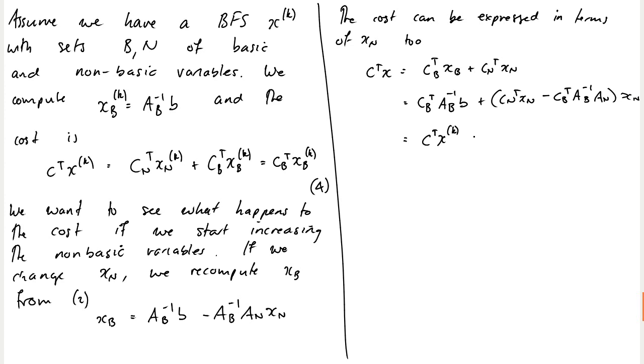And we've also got plus, I'll call this vector here r transpose xn, where r is equal to cN minus An transpose Ab inverse transpose cB.